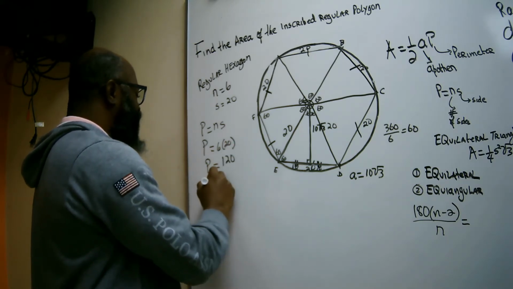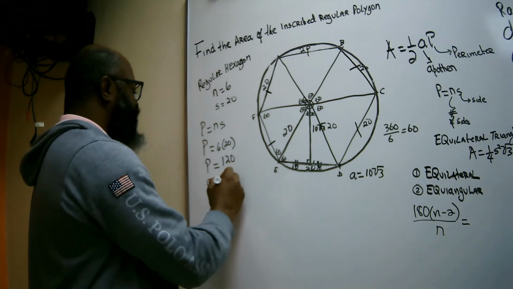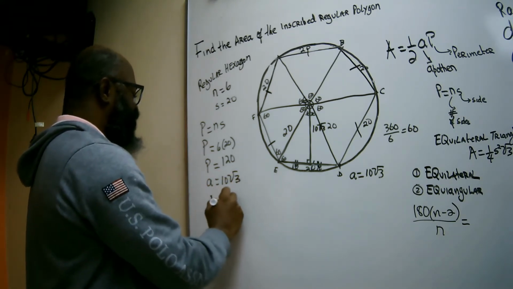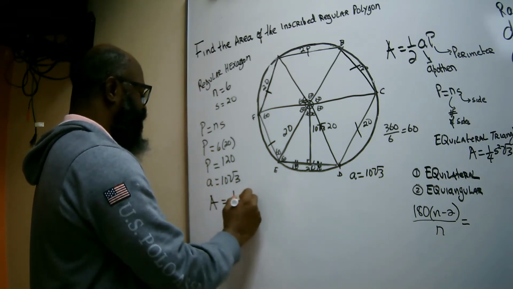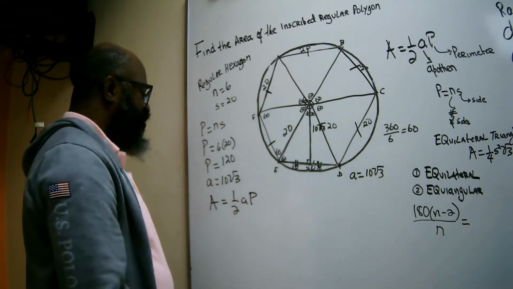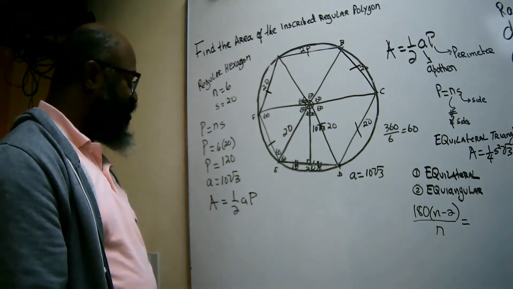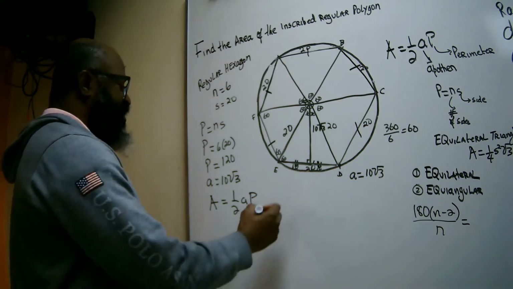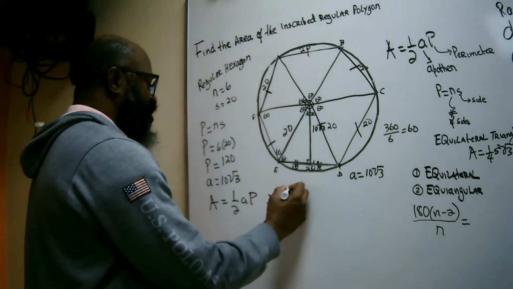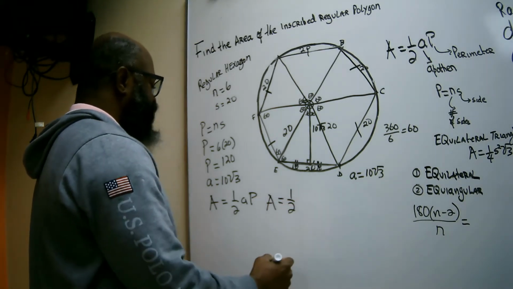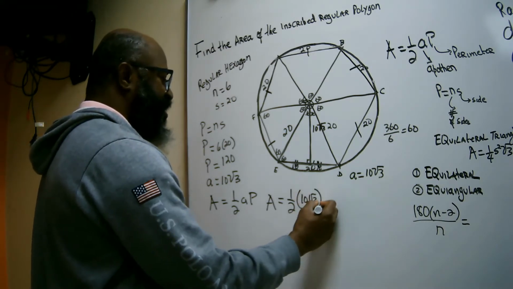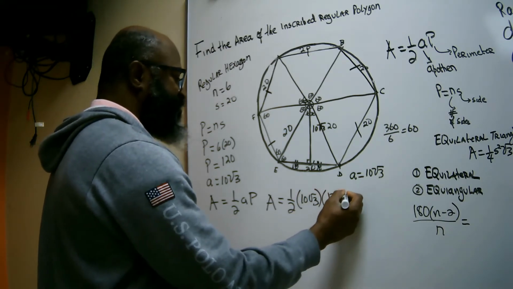We already know the apothem is 10 square root of 3, and we know the formula to find the area of a regular polygon is 1/2 AP. So we have everything we need to find the area. Then A equals 1/2 times A, which is 10 square root of 3, times P, which is 120.